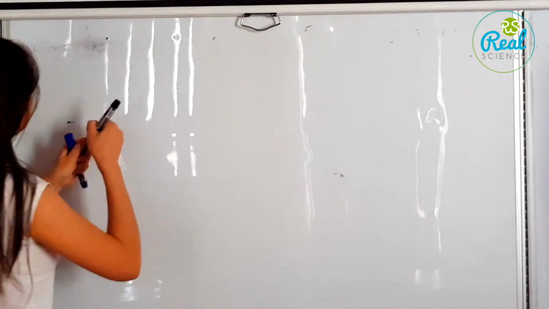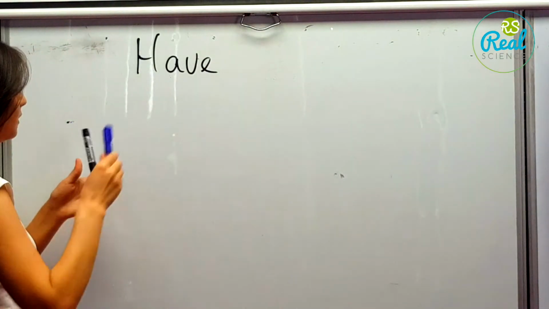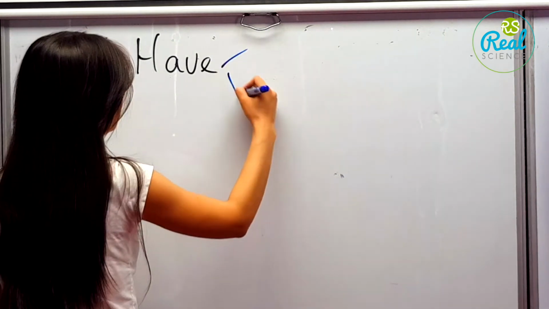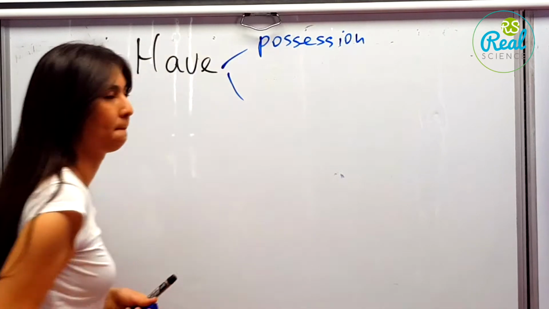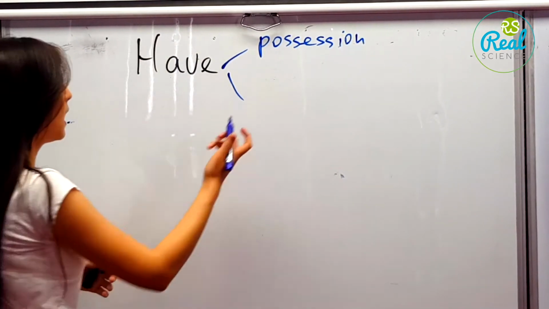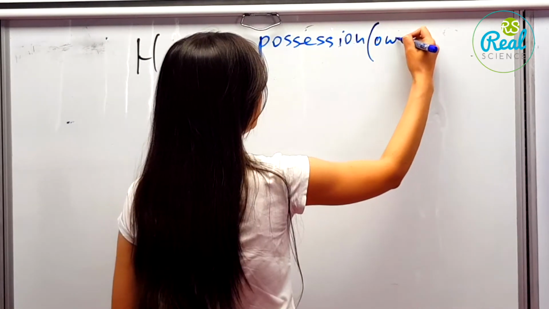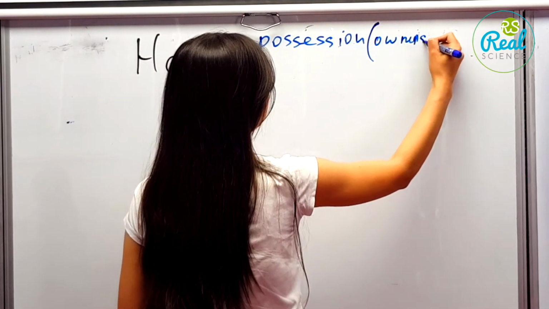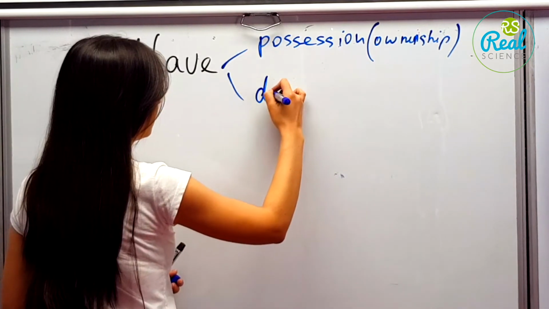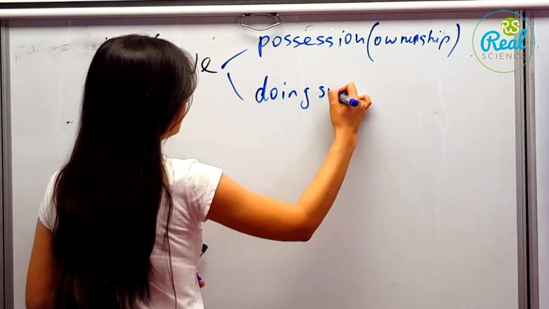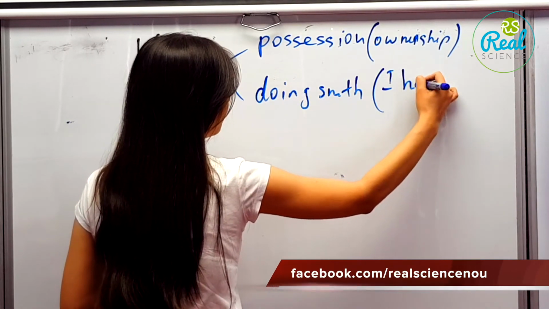Okay, here we have the verb have. Guys, the verb have has two meanings, actually. The first meaning is possession. What is possession? Having. Possession is ownership. And the second one is doing something. For example, I have breakfast.